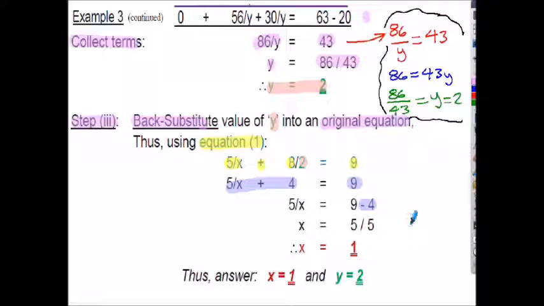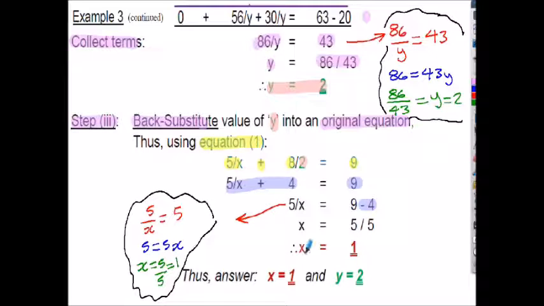Now I have to rearrange the equation for x. Now again, I'll just show the arrangement here for clarity. We have 5 divided by x is equal to 5. 9 take away 4 is 5. So I will multiply both sides by x, so 5 is equal to 5x, and then divide both sides by 5, so therefore x is equal to the 5 divided by 5, and that gives us of course the value of 1.